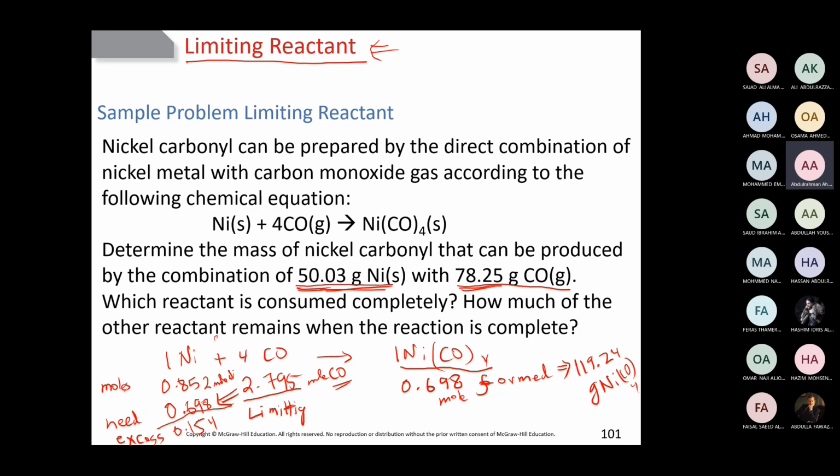How many grams of nickel extra? How many grams of nickel excess? What are you going to do? Convert it to gram. Convert what to gram? 0.154. Exactly. Because here, how much of the other reactant remains when the reaction is complete? This means you change this from mole to gram. What's the answer? 7.704.